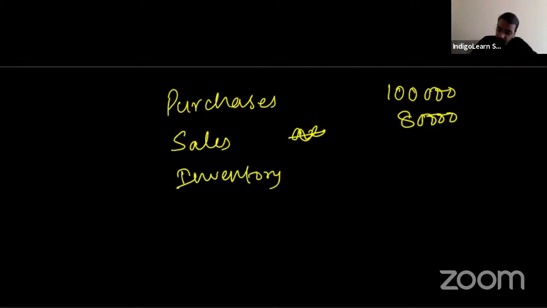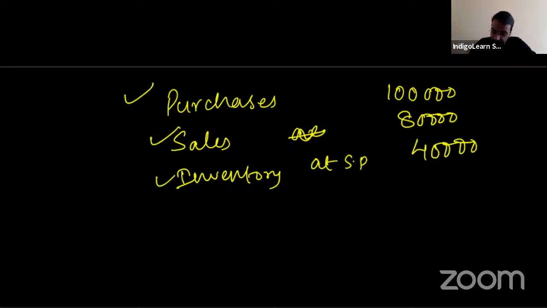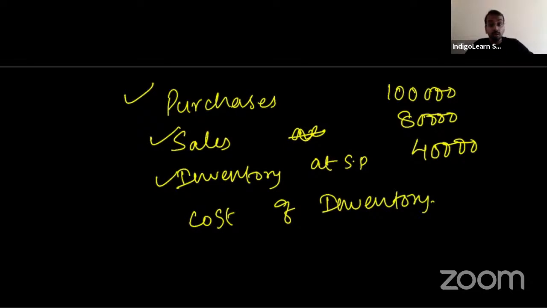Inventory at selling price, let us say, is 40,000. So they'll give you purchases, sales, and inventory at selling price. You need to find out the cost of inventory.